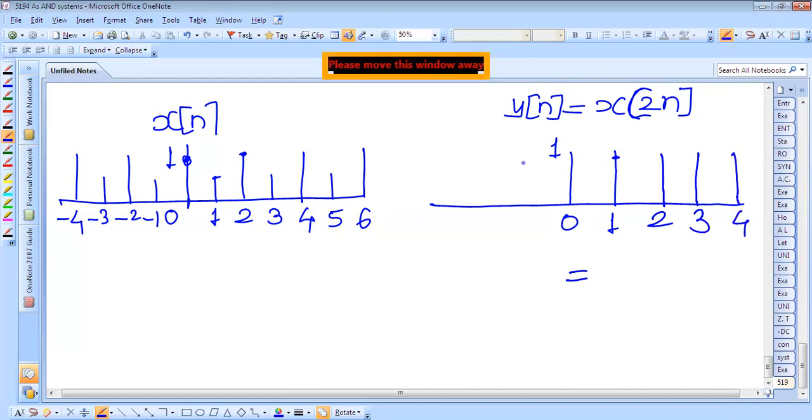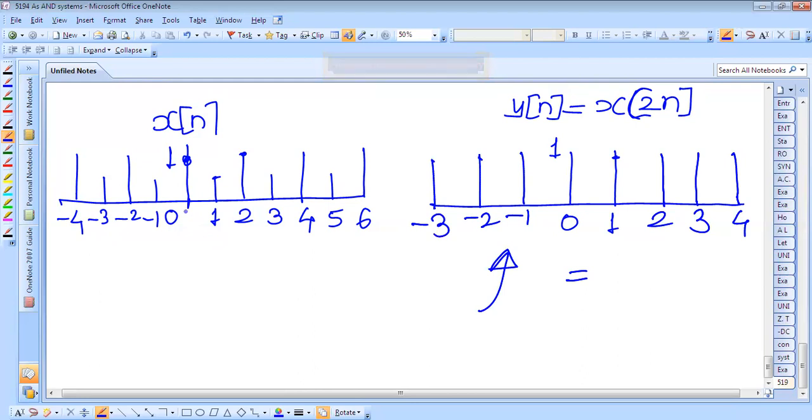Similarly for minus 1, minus 2, minus 3. So this is the reflection of the input signal by the scaling circuit. Thank you very much.